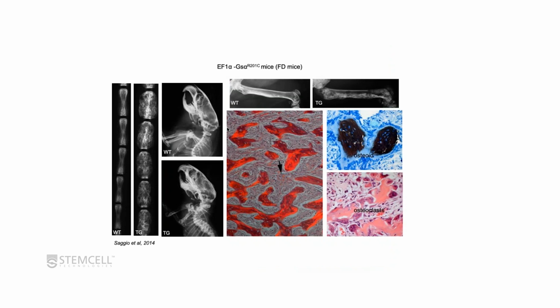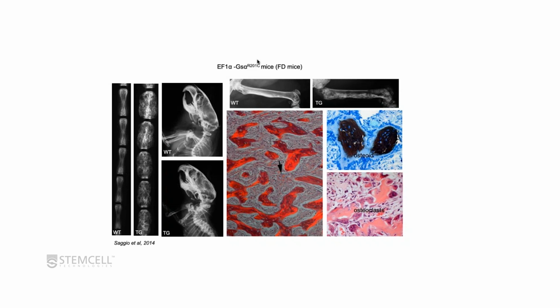But the role of Gs-alpha mutated marrow skeletal stem and progenitor cells in fibrous dysplasia has been clearly confirmed by Gs-alpha transgenic models. These are models that we have generated in our lab.